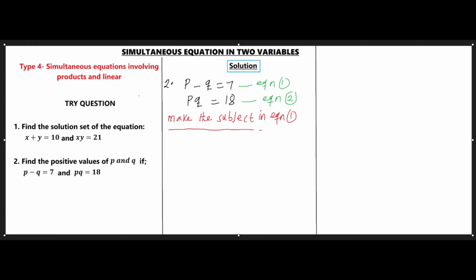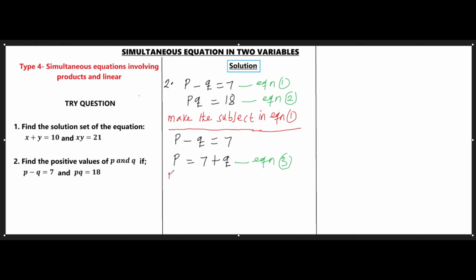Equation 1, we have p minus q is equal to 7. When I make p the subject, I have 7 plus q. So this is my third equation. The next step is that I'm going to put equation 3 into the second equation.